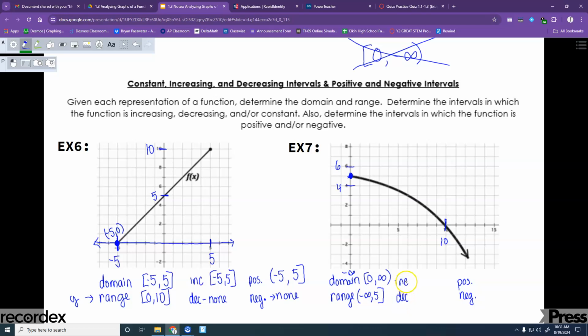Increasing and decreasing. Where are we increasing? Nowhere. That's a none. This one does not increase. Decreasing. Okay? Where are we decreasing? Oh, Isabella just said positive 5. Negative infinity.